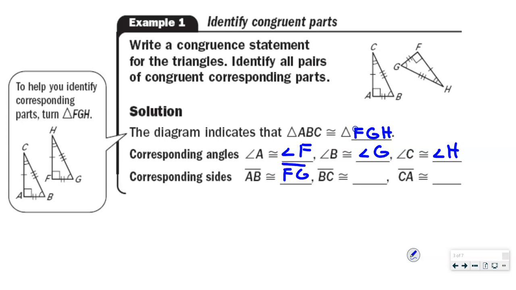Side BC corresponds with side GH. And side CA corresponds with side HF. So those would be all of your corresponding parts and your congruence statement.